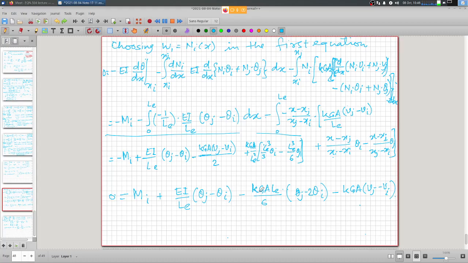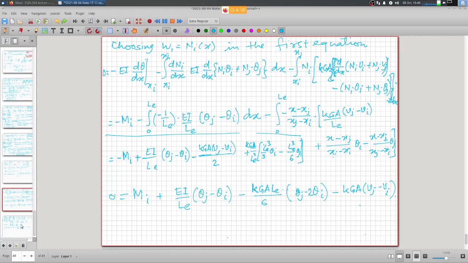So this is for the first equation, W is equal to Ni. We get a similar equation for the choice of W as Nj, and again we have a similar set of equations, and as you can see, all 4 degrees of freedom are involved here: theta i, theta j, Vi, and Vj.